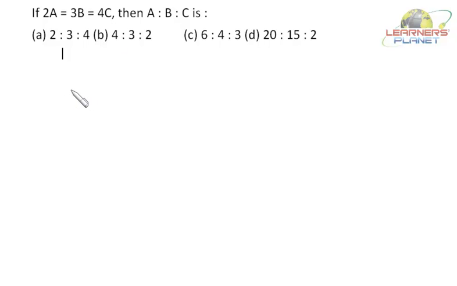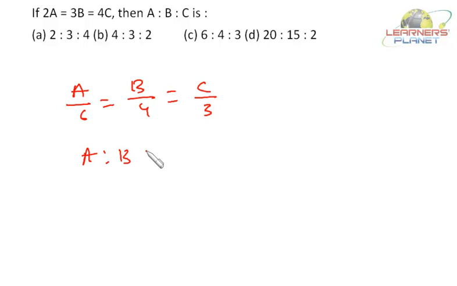Okay, so it's 2a by 12, that means a by 6 is equal to 3b by 12, that is b by 4 is equal to 4c by 12, that is c by 3. That means the ratio of a is to b is to c will be 6 is to 4 is to 3. Okay, this is the correct choice. Okay, let's see the next problem.